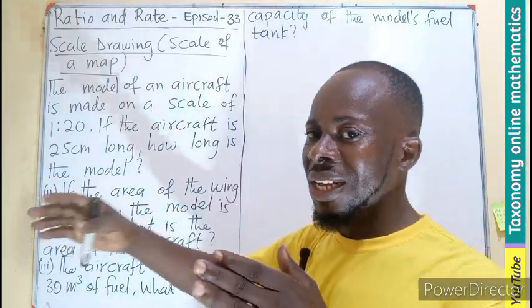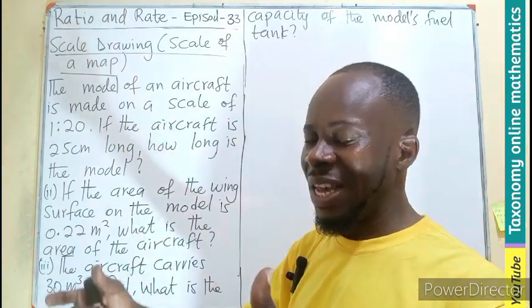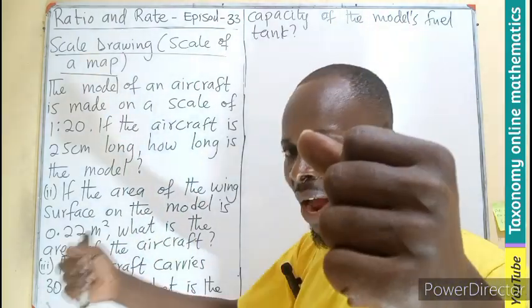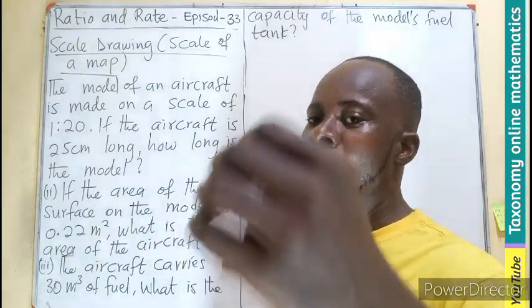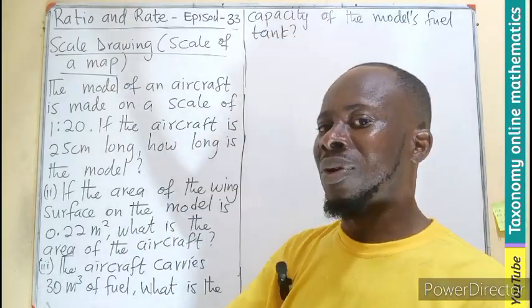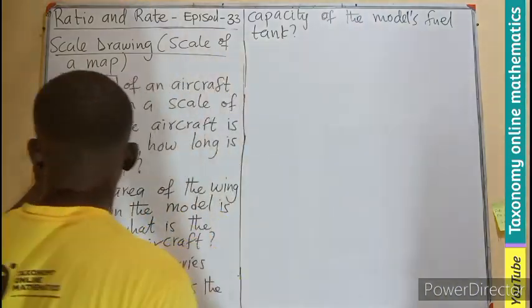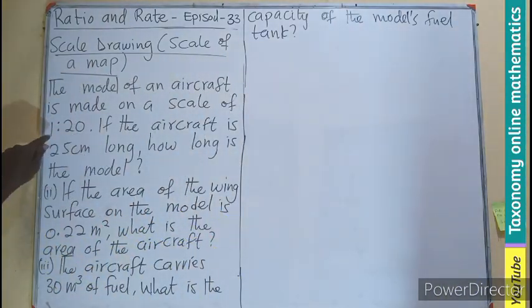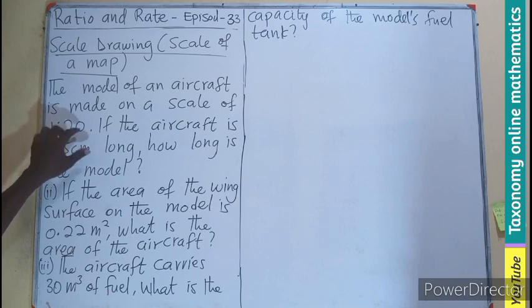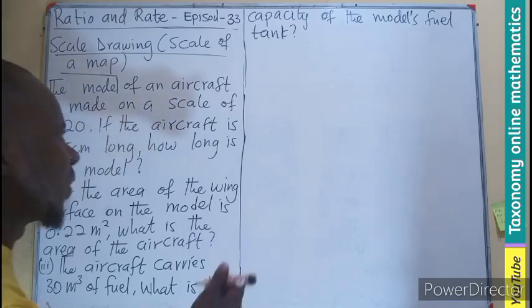I believe you are seeing the dimension. The scale is always on the model or the map and that of the real thing, the actual thing. So this scale given to us here shows that this is on the model and this is on the aircraft itself, the actual diagram.